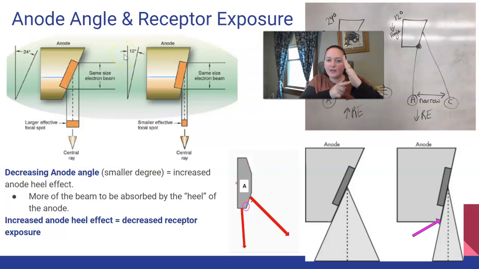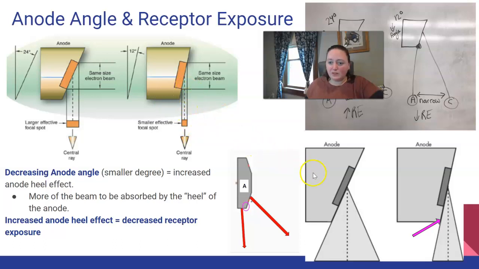Increased anode angle means this heel kind of gets pushed back. So it would be more like this picture here with the 24, where the angle is kicked back and this heel is further back, right? When we decrease anode angle, so the smaller one, we decrease effective focal spot size, but we also increase anode heel effect because this heel is now way more in the way.